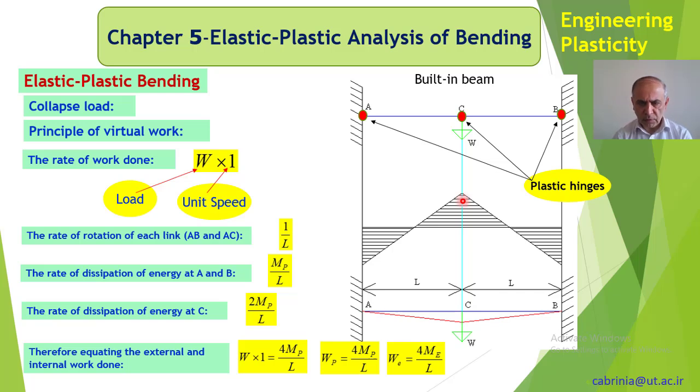I could put it in another way. If you put here 4 My over L, and put here 4 M over L, so that M is much higher than My, then you get a much higher Wp than We. And the beam does not fail.